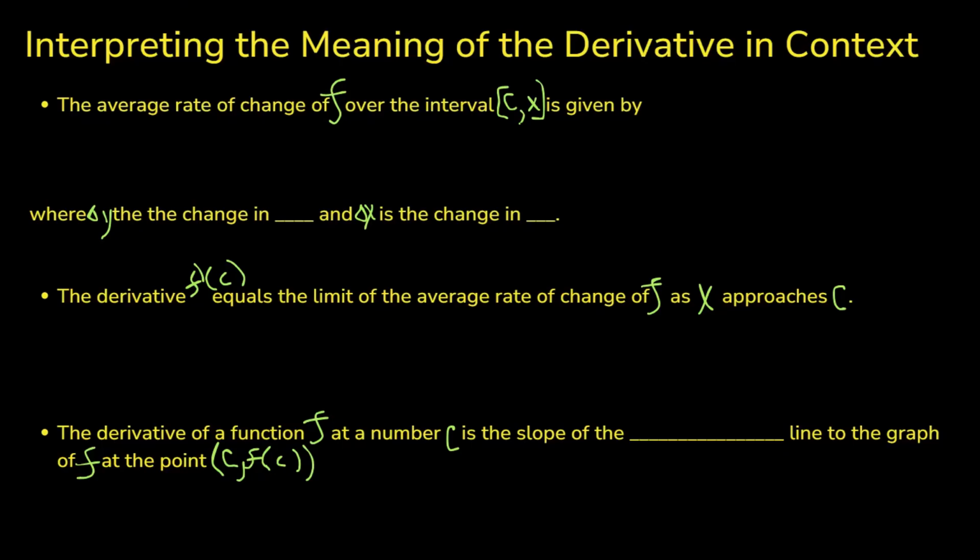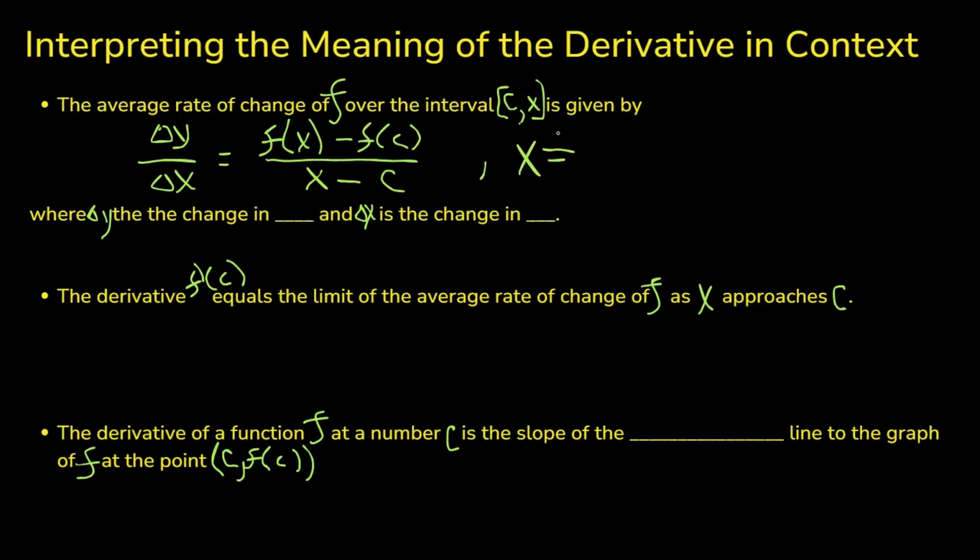The average rate of change of f over the interval c to x is given by delta y over delta x, which equals f of x minus f of c all over x minus c, as long as x is not equal to exactly c, where delta y is the change in y and delta x is the change in x.